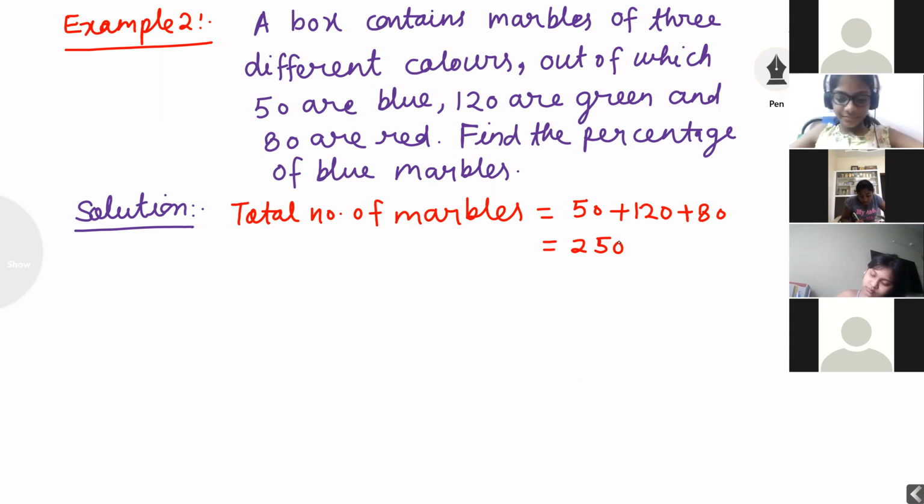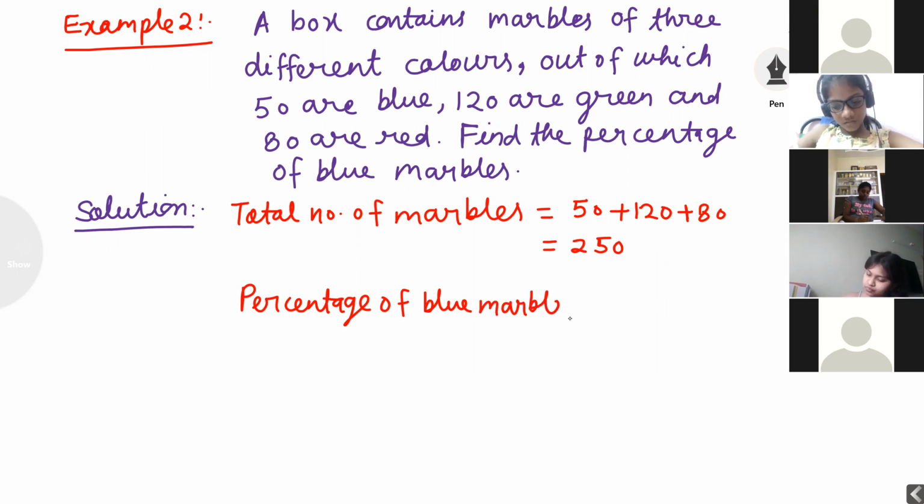And the question is asking, find the percentage of blue marbles. Very easy. Percentage of blue marbles is equal to, out of 250, how many blue marbles are there? 50. 50 divided by total marbles 250, into 100.